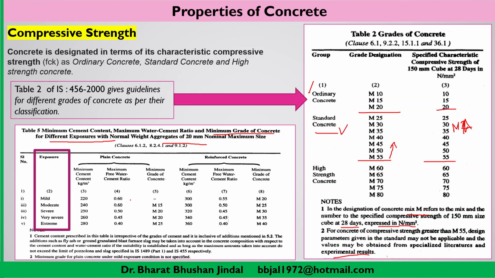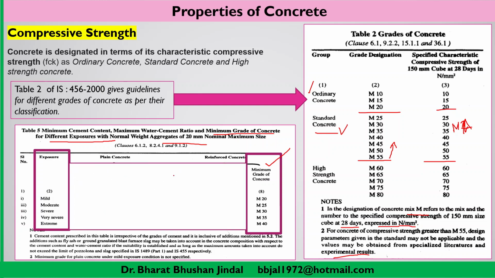And correspondingly, as we are more interested in reinforced concrete, because most of the design detailing will be for reinforced cement concrete, the code has very clearly mentioned what should be the minimum grade of concrete in case of RCC structures.